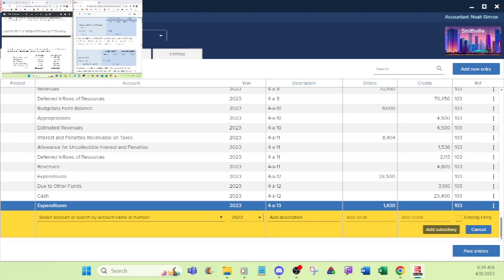It doesn't say anything about supplies here. It doesn't say anything about supplies. It says initially records inventory as expenditure or expense.